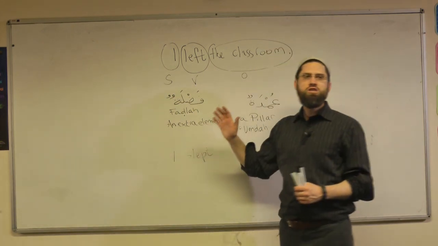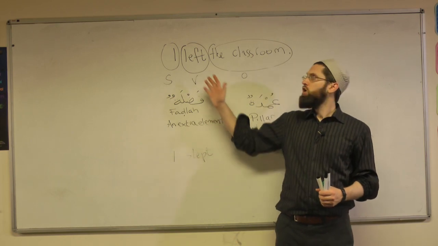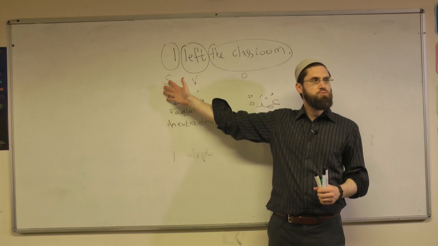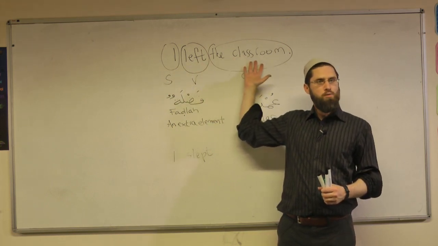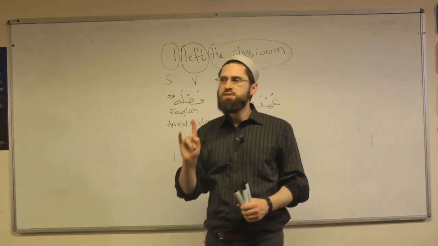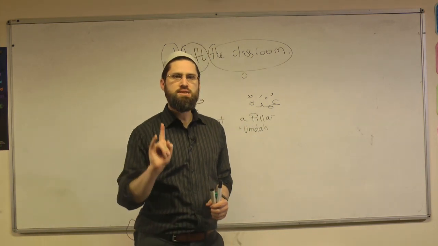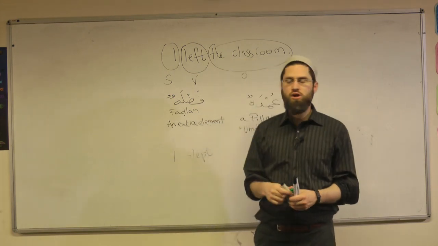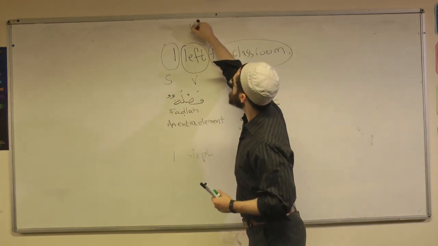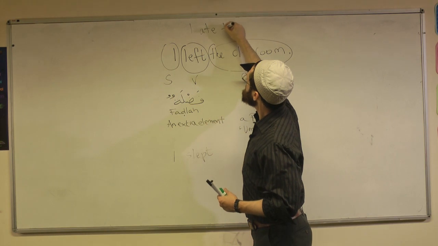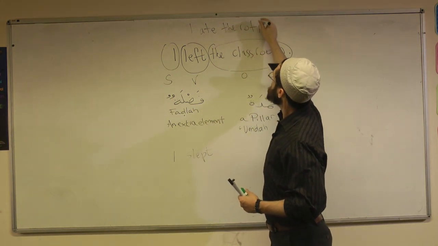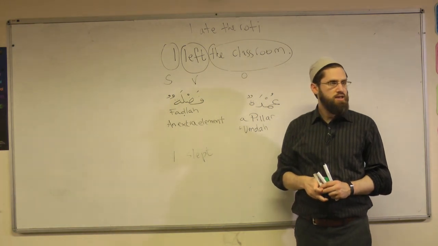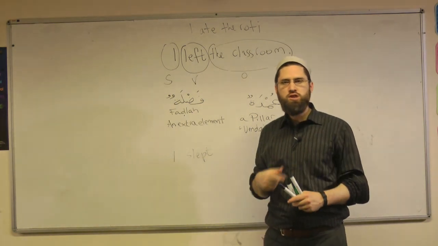Now, the next thing about verbal sentences: do you notice the sentence order in English? What is it? Subject, verb, object. In English, sentence order is necessary to convey the correct meaning. A good example is, I ate the roti. If you change that sentence order, the roti ate me, does it change the meaning?